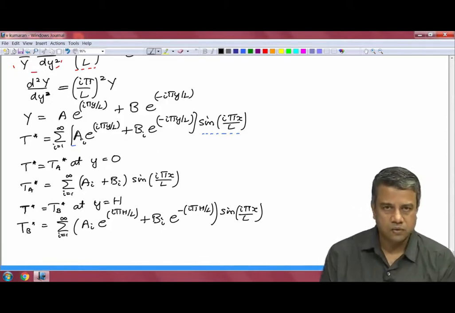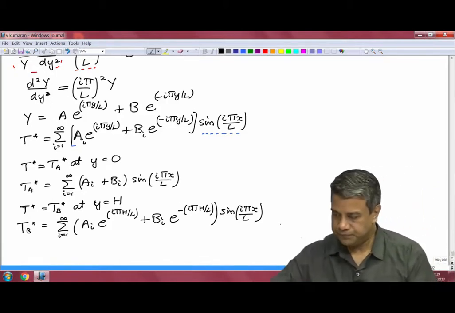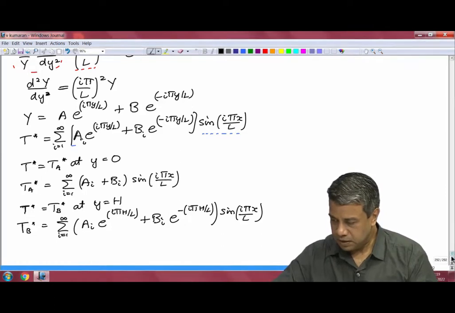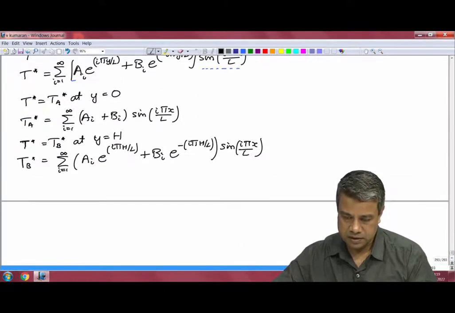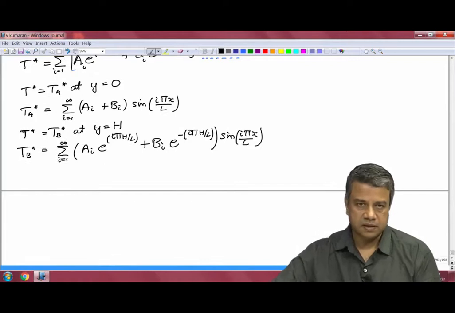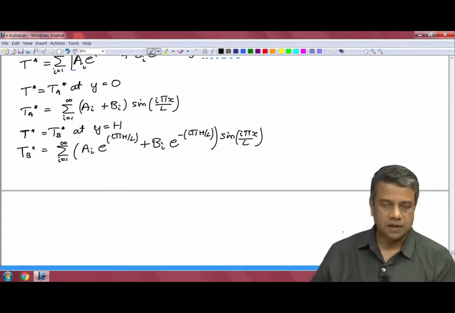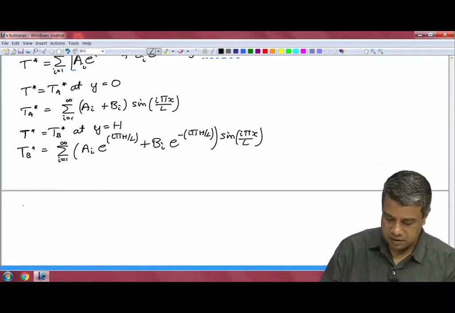So, these are the two boundary conditions that we get. And now, how do we determine the coefficients? We have to use the orthogonality relation. We have already derived the orthogonality relation earlier.